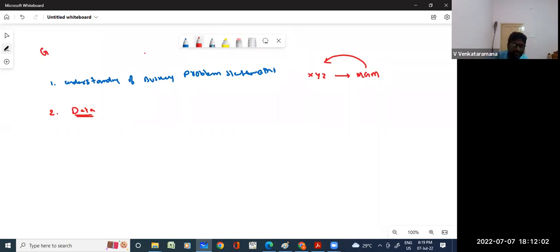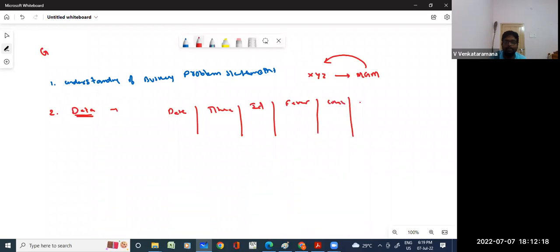That data may contain date, time, and patient ID, and, say, fever, whether you have a fever and how much, whether you have a cough or cold, what the oxygen level is, what the pulse rate is, and finally the label: whether the person was really diagnosed with COVID, from past data.